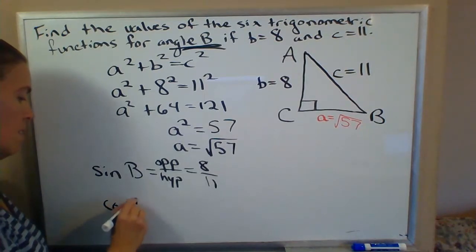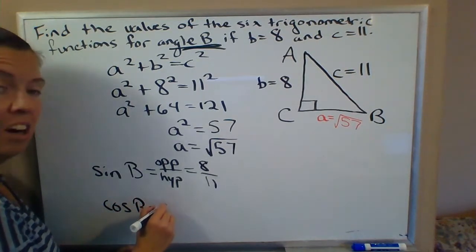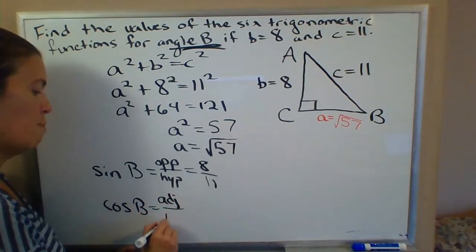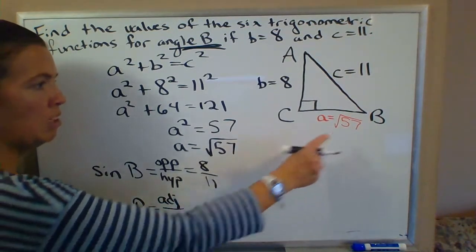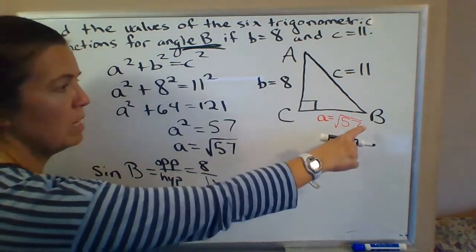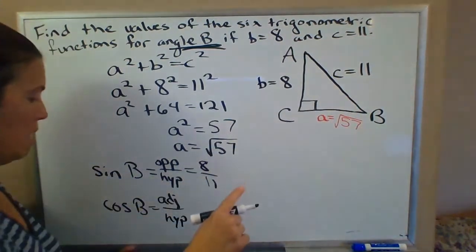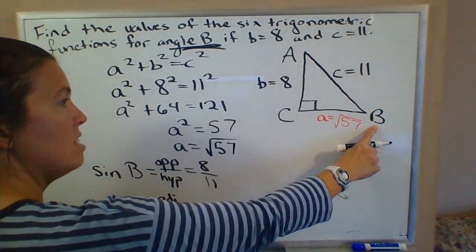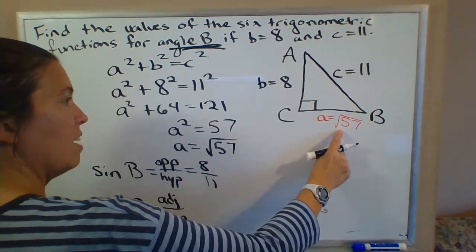Cosine of B, so that's the CAH part of SOHCAHTOA. Cosine is adjacent over hypotenuse. And again, when you're finding what's opposite and what's adjacent, we need to refer to the angle B. That's relative to B. So in this case, the side adjacent to B is this side.